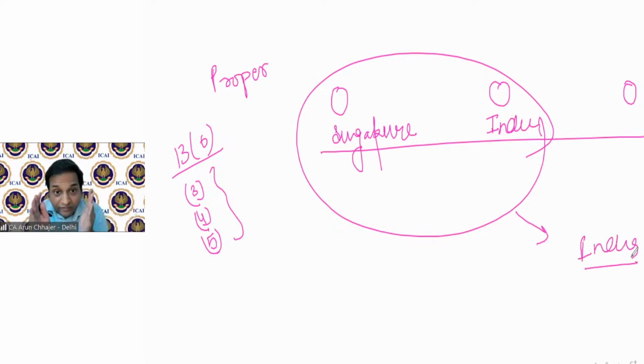So if I have rendered these services, performance based, property related, or event based, in more than one country including India, the place of supply of the entire contract would be India. Therefore the answer would be India. Is it clear?